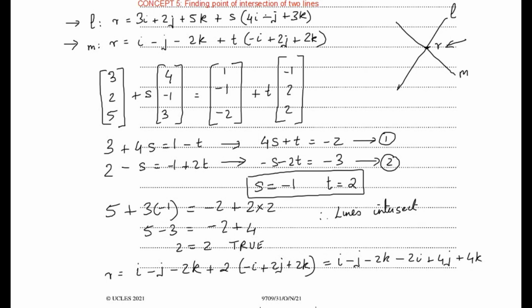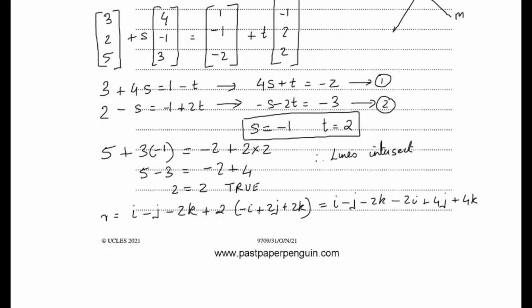Gather the like terms and we end up with i minus 2i is negative i, negative j and 4j is 3j, and negative 2k plus 4k is positive 2k. That is the position vector of the point of intersection of the 2 lines.